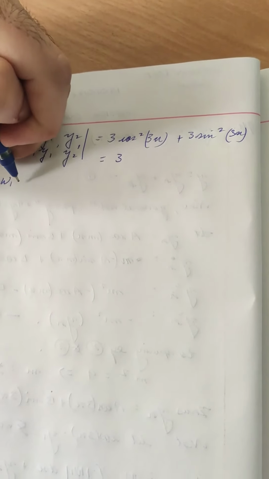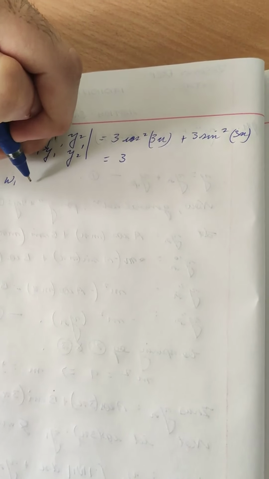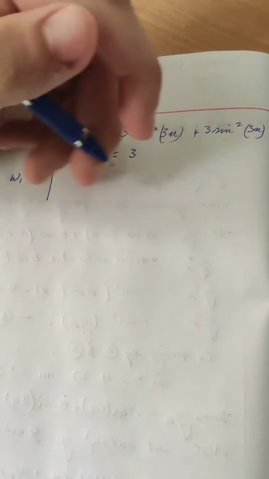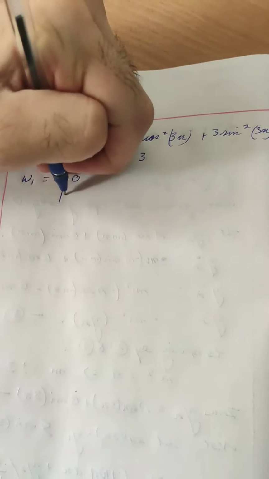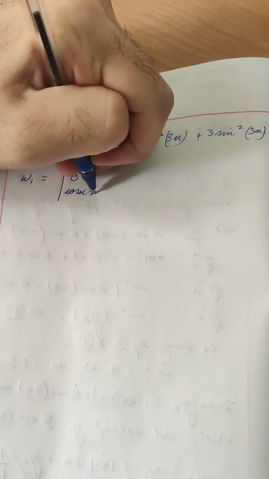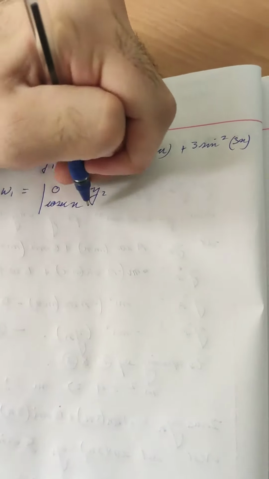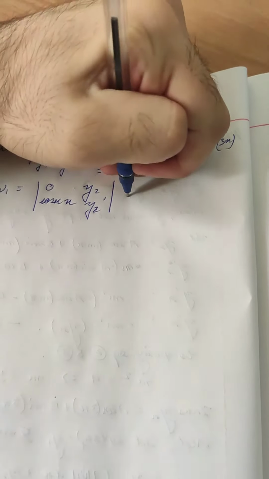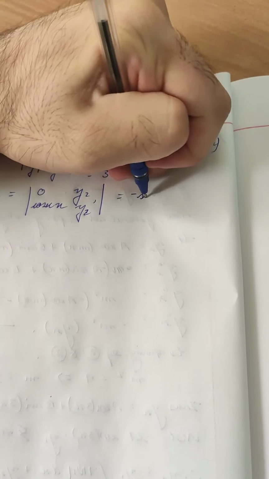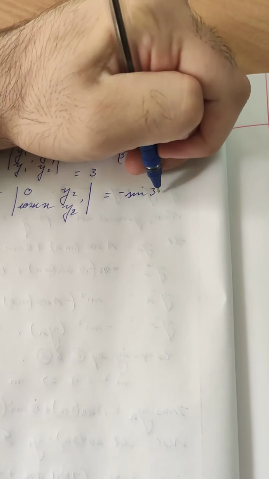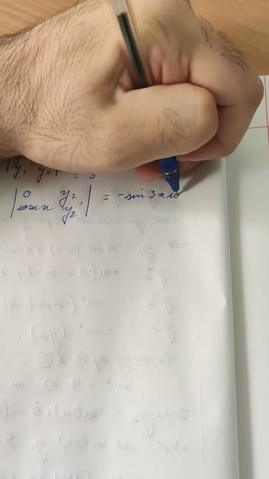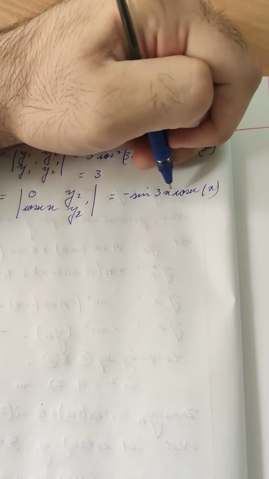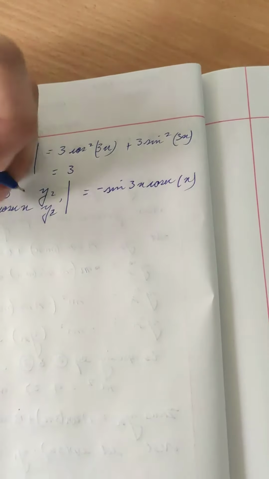Now w1 is equal to, all we have to do is replace the y1 and y1 dash with 0 and cosec x, and the y2 and y2 dash will remain the same. So this is now minus sine 3x cosec x. I think this is right. This seems correct, right?